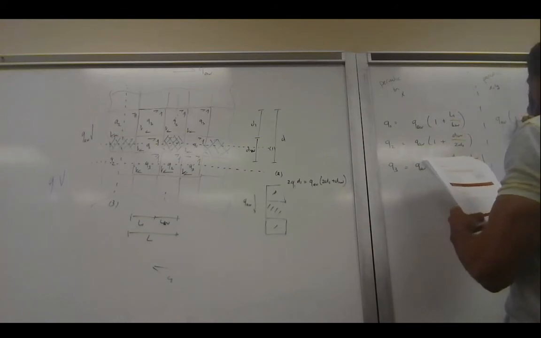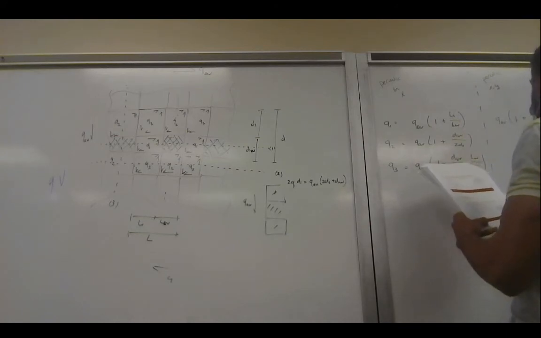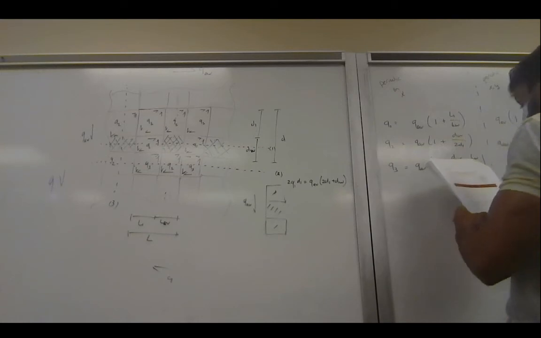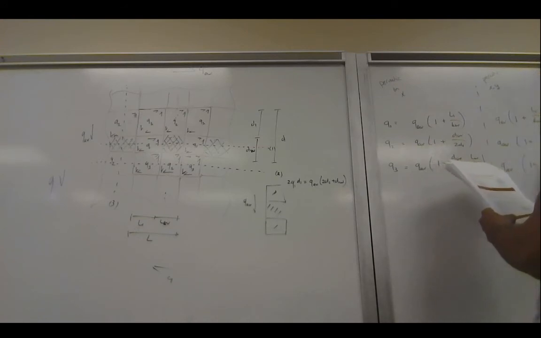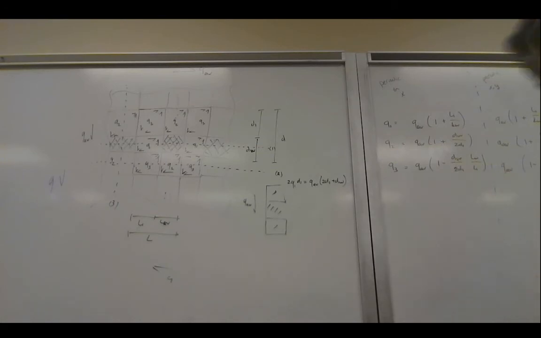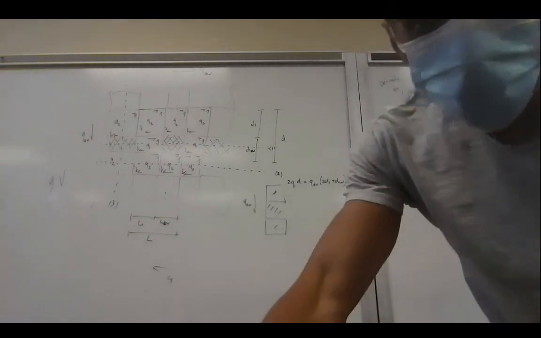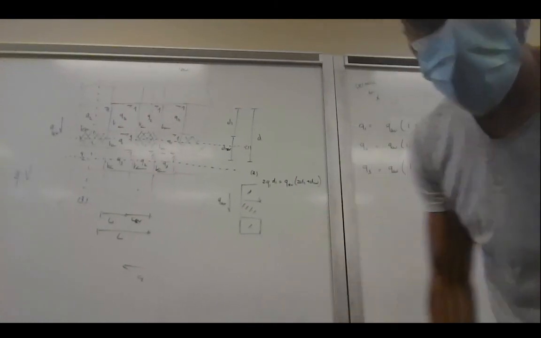This was 1 plus L1 over LW. Average. Okay, average. 1 minus. Double check. This is perfect.